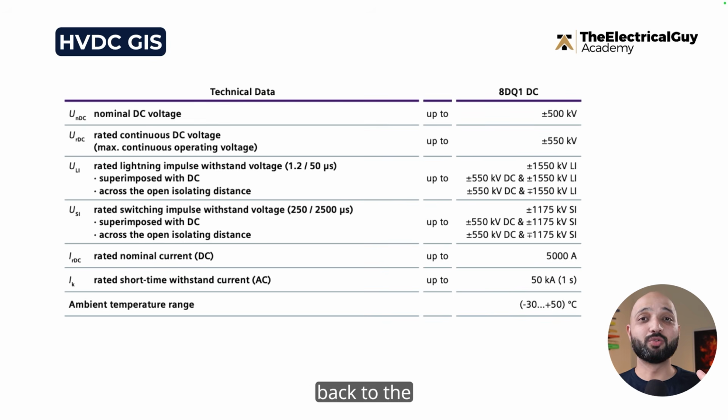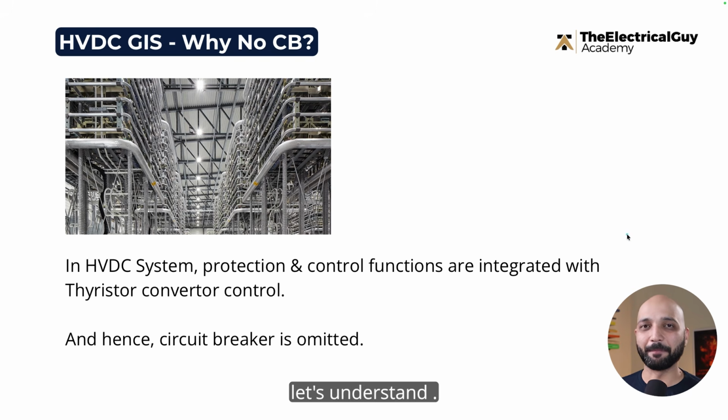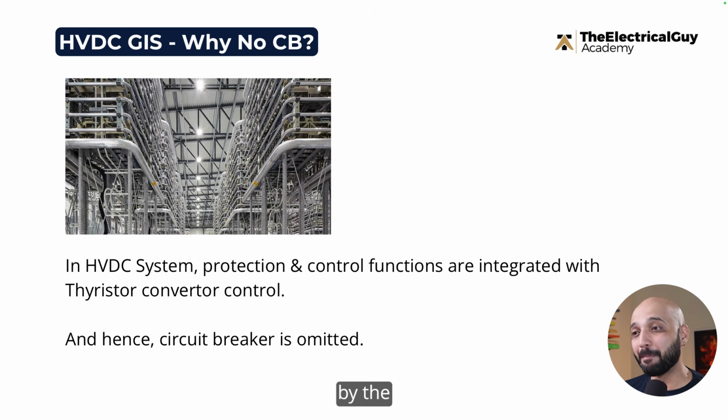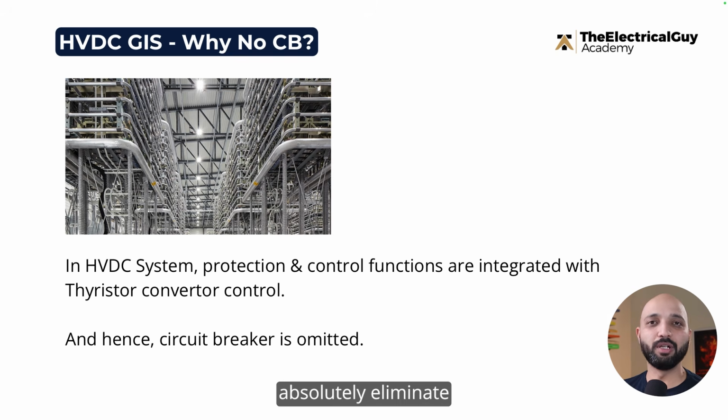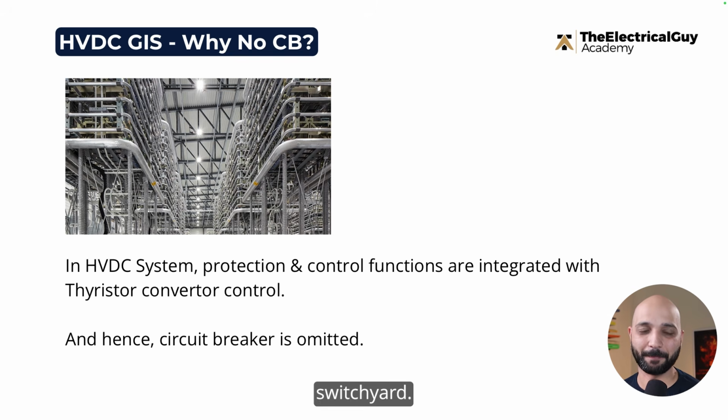Now coming back to the main question, why there is no circuit breaker? Well, let's understand that. Now in HVDC system, the protection and the control function is provided by the thyristor control system itself. And as a result, you can absolutely eliminate the circuit breaker from the DC switchyard.